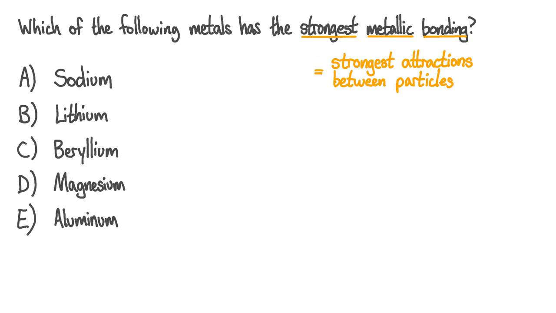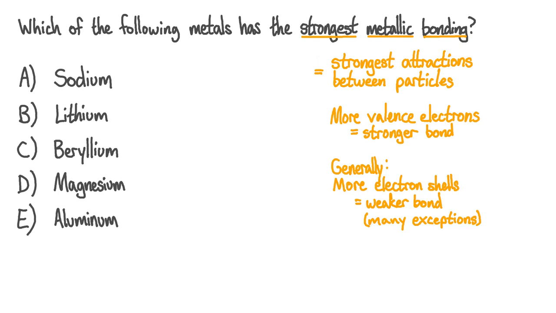There are two key characteristics that can affect the strength of the attractions from metal to metal. First, the more valence electrons that a metal has, the stronger the bond. The extra electrons will add to the overall attractive forces acting on the positive ions. The other relationship that could come into play is that, in general, more electron shells means a weaker bond, although there are many exceptions to this pattern.